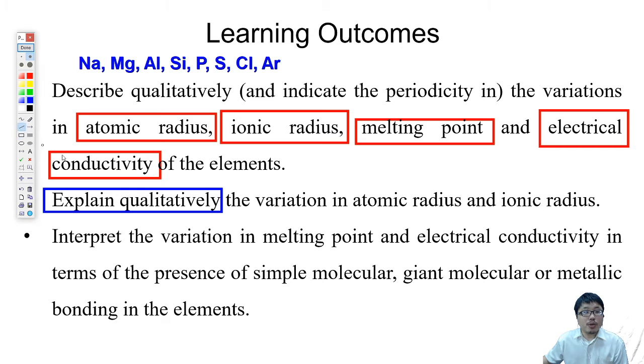That means we need to analyze them, be it in their structure, or in any other factors that can explain the difference between the 8 elements among their physical properties.